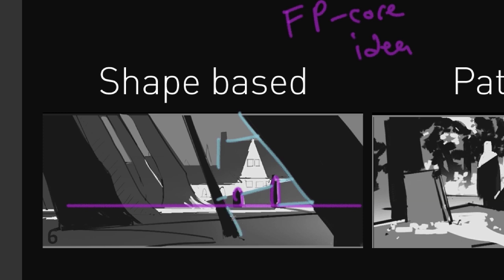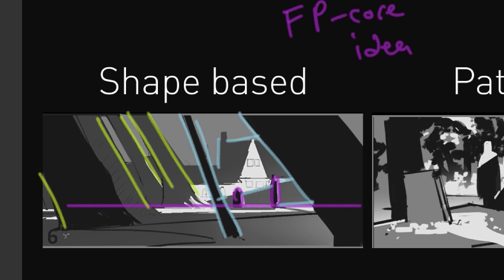How can we frame that? And gradually just add other supporting bits of information in regards to these shapes as needed. So, see, this is a great example of a scene that is primarily shape-based. We have a shape of white value here. We have a shape of white value here.